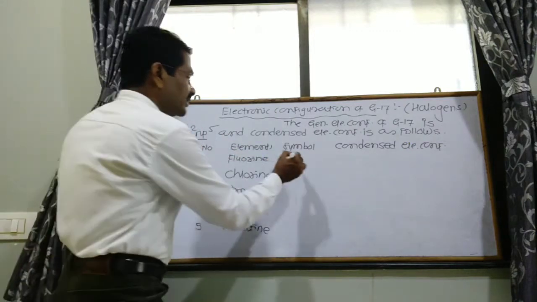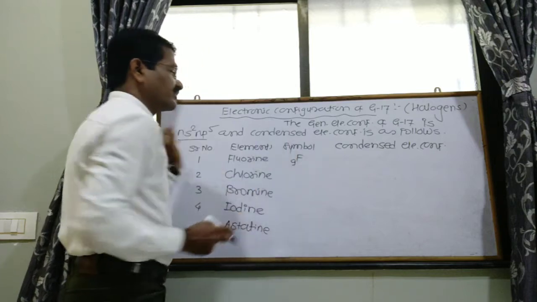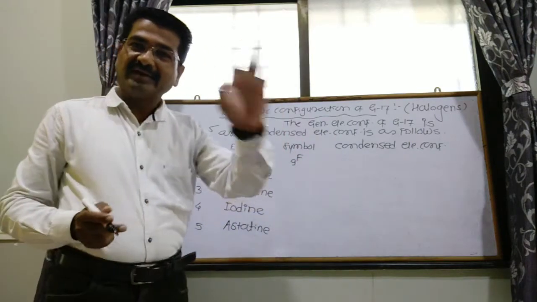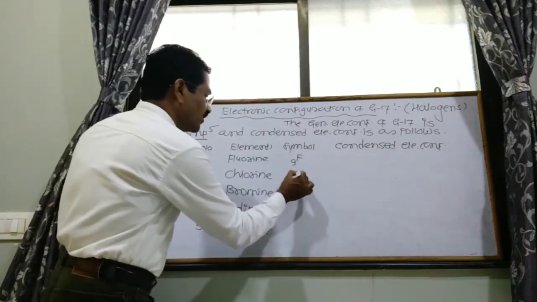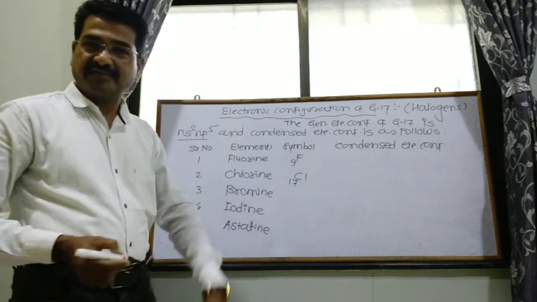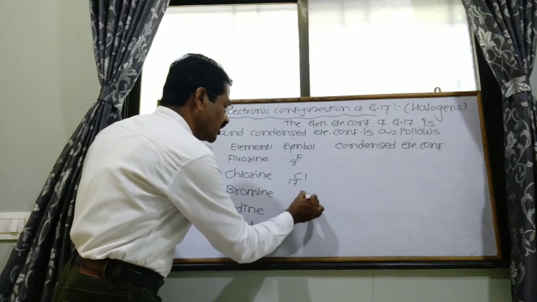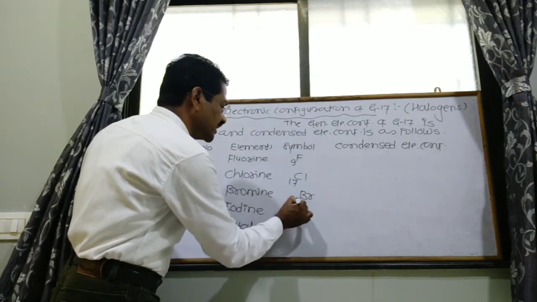Symbol of fluorine is F, having atomic number 9. Then the symbol of chlorine is Cl, having atomic number 17. Third, bromine having symbol Br and atomic number 35.